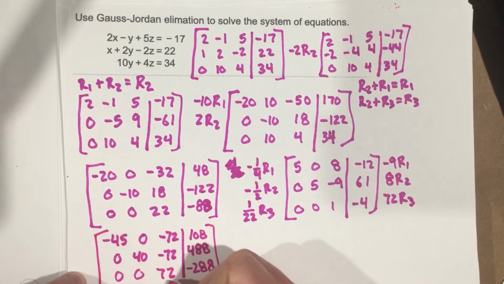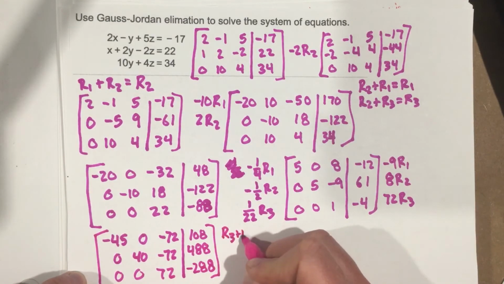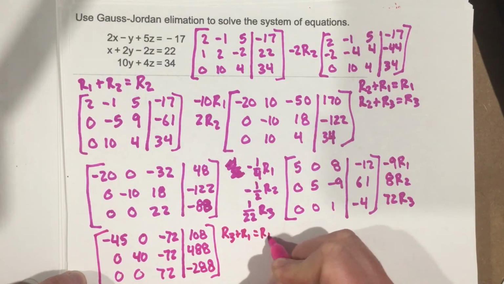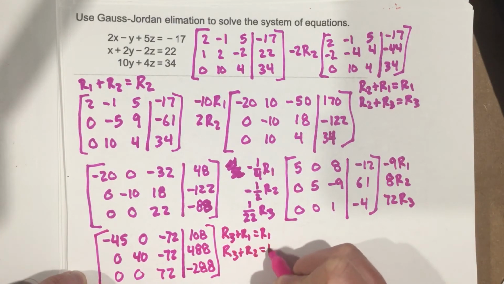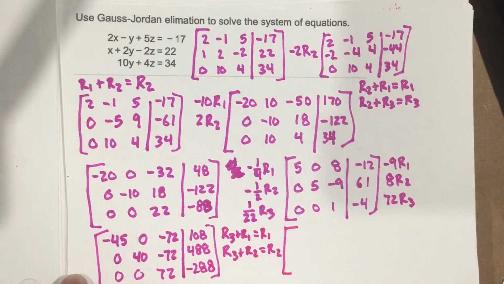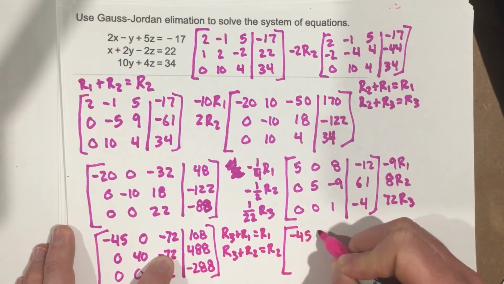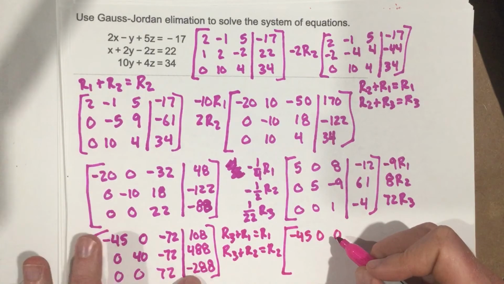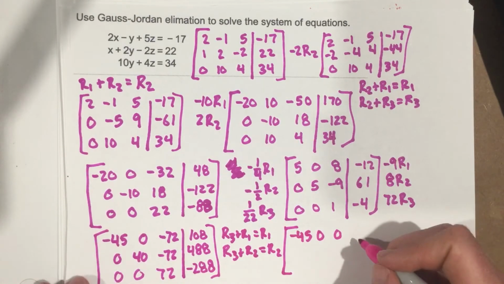Now we're going to take row 3 and add it to the first row, so row 3 plus row 1 is going to equal row 1. We're going to do row 3 plus row 2 equals row 2. Add the 72, so we end up with negative 5, 0, 0, negative 288 plus 108, negative 180.